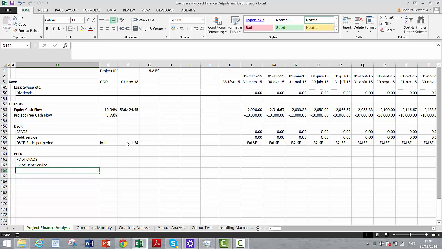Now, the PV of the debt service we'll show you here is going to equal the loan size. So we can also just strictly take the PV of the debt service.